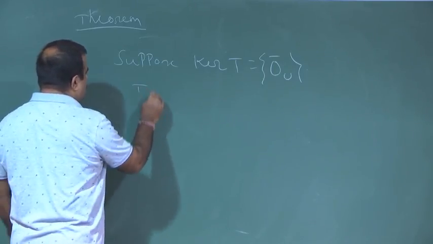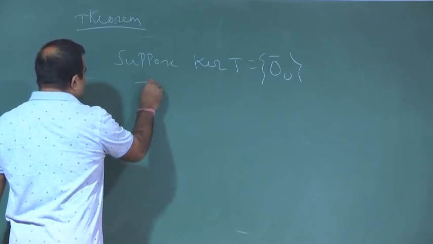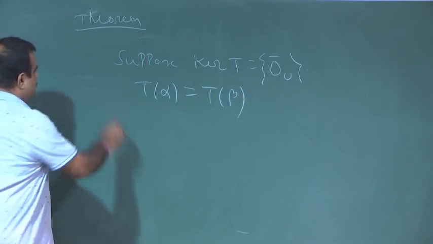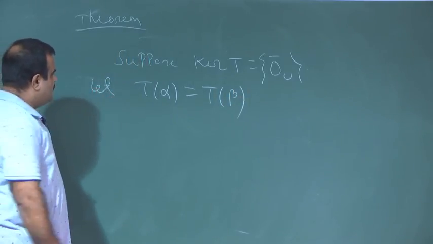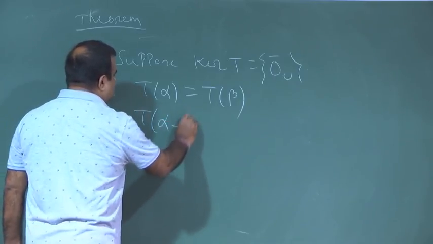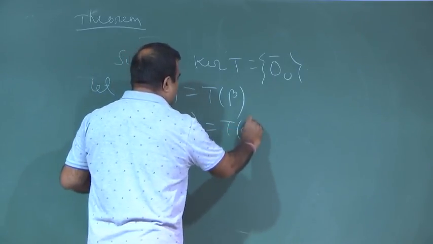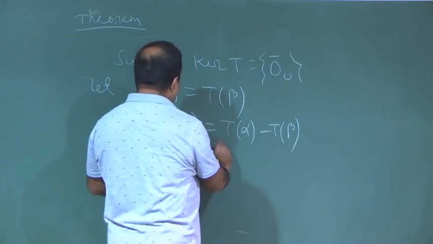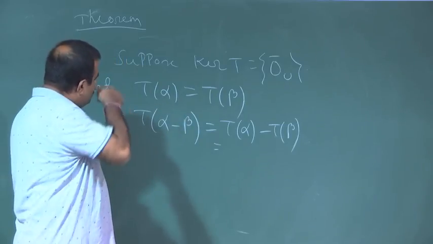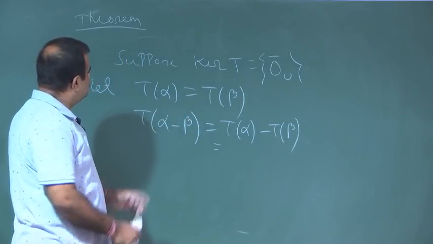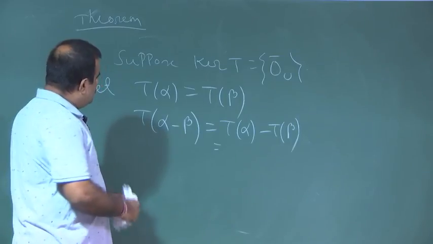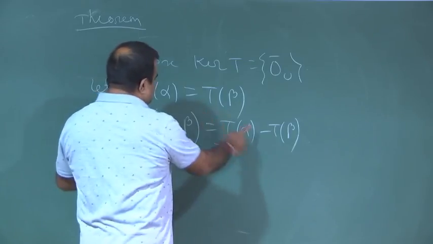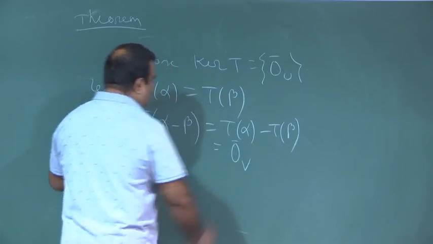We take two vectors alpha and beta and suppose T of alpha is equal to T of beta. Then T of alpha minus beta is T of alpha minus T of beta. Now these are the same, so this gives us the 0 vector of V.